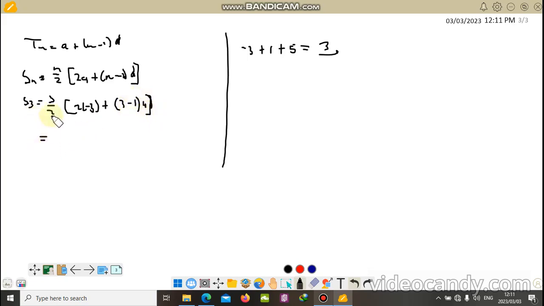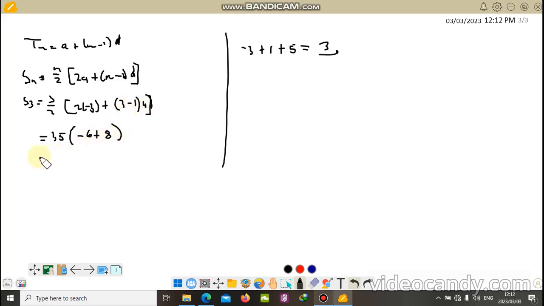So 3 over 2, I'll just write it as 3 over 2 or 1.5, because remember you can simply do all this on a calculator, but unfortunately I do not have a calculator. So this is going to be times -6 plus 3 minus 1, which is 2, times 4, it's 8.